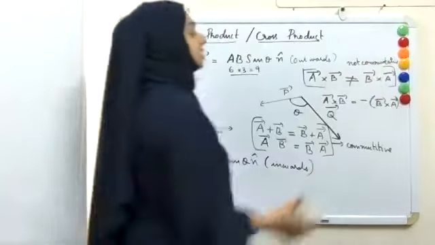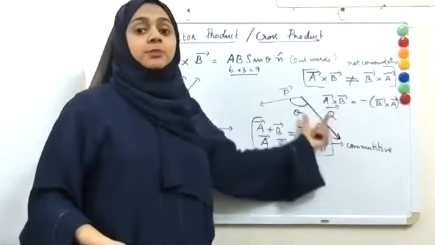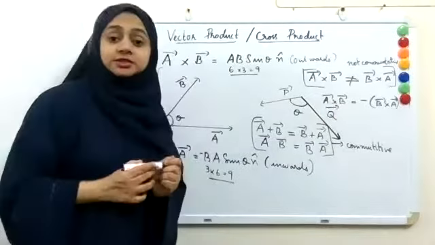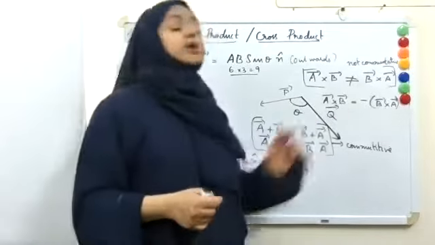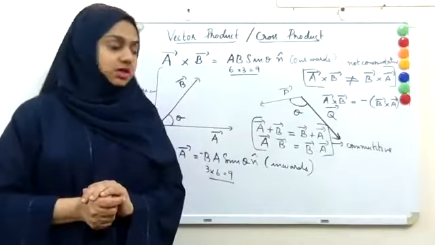It's not commutative because A cross B is not equal to B cross A, but A cross B is equal to minus of B cross A. The direction of A cross B and B cross A will be opposite to each other. Their magnitude will be the same.